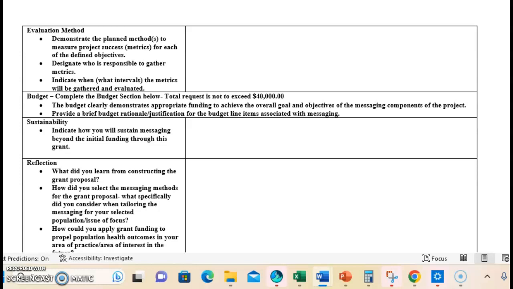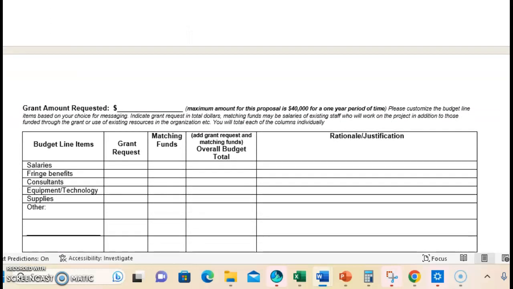Now, I want you to consider for this health messaging project that you have applied for a grant, and the grant is going to award you $40,000. So you will be asked to set out a budget for your health messaging, and we can look at that more closely on the next page.